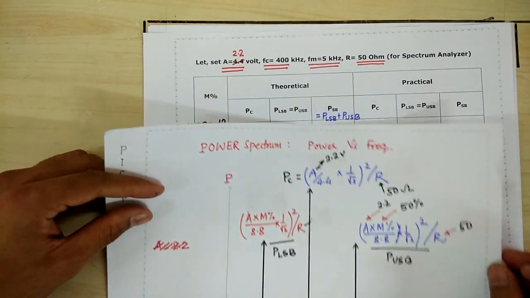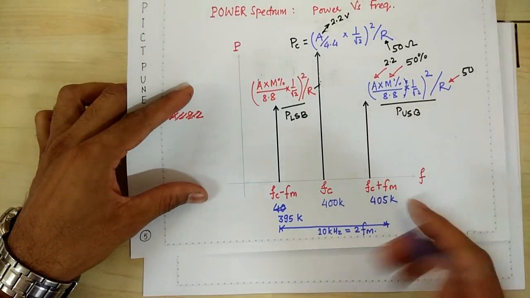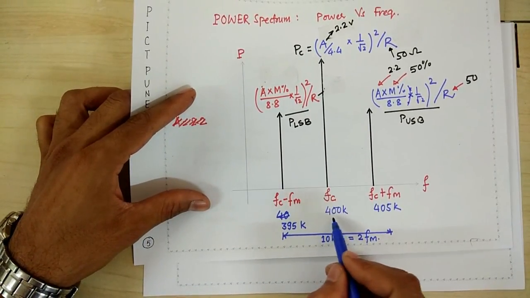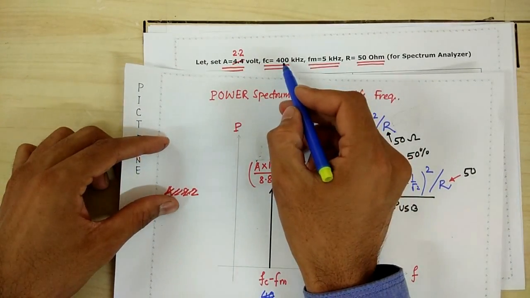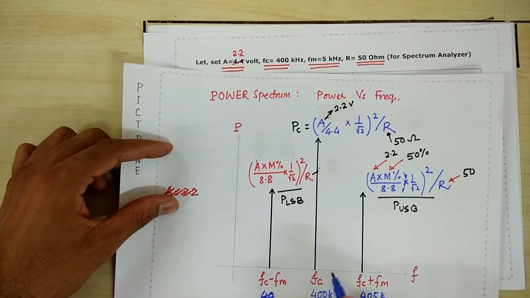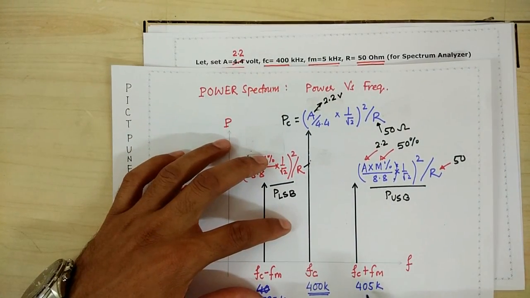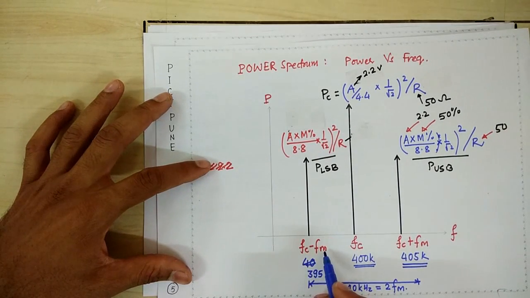Now if you see the bandwidth related things, I have already written these values. This is 400 kilohertz center frequency, which is the carrier frequency. Since we set the carrier frequency to 400 kilohertz, we get an impulse at 400 kilohertz, and the upper sideband value is 405 kilohertz because we set the FM frequency to 5 kilohertz, and the lower sideband frequency is FC minus FM, which is nothing but 400 minus 5 kilohertz, which is 395 kilohertz.